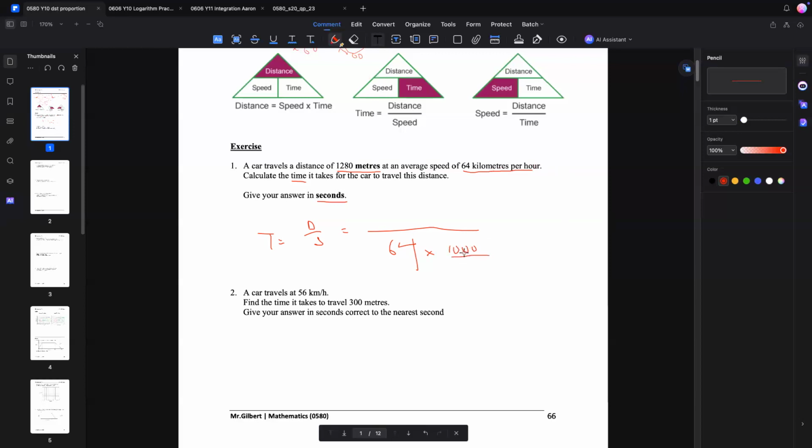This is only converting your kilometers to meters. You also have to convert your hours to seconds. Hours to second is how much? Times 3,600, yes. And then your top distance is going to be 1280.